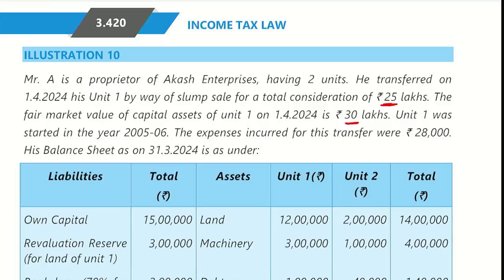That is what we will take as the full value of consideration. What will we take, 25 or 30? 30, correct. We'll take 30, very good.